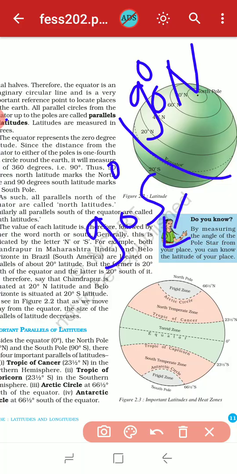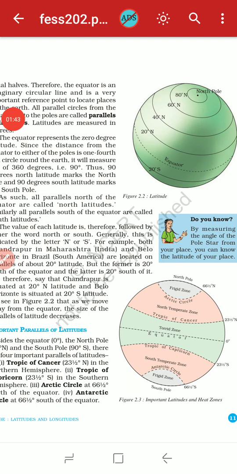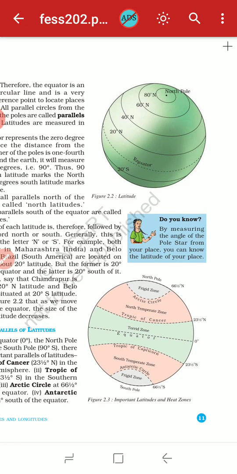So 90 degree north latitude marks the North Pole, and 90 degree south latitude marks the South Pole. The latitudes above the equator are known as north latitudes, and below the equator they are known as south latitudes.